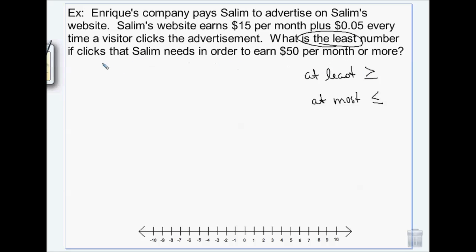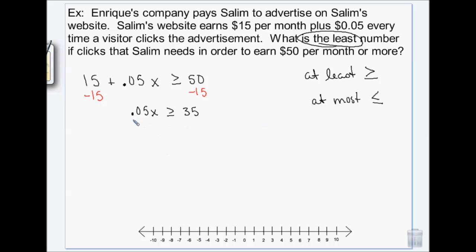So it's $15 per month plus 5 cents per click. I'm going to use x for click, and we want that to be at least $50. So I'm going to subtract 15 from both sides, because he makes that automatically. So 0.05x is greater than or equal to 35.